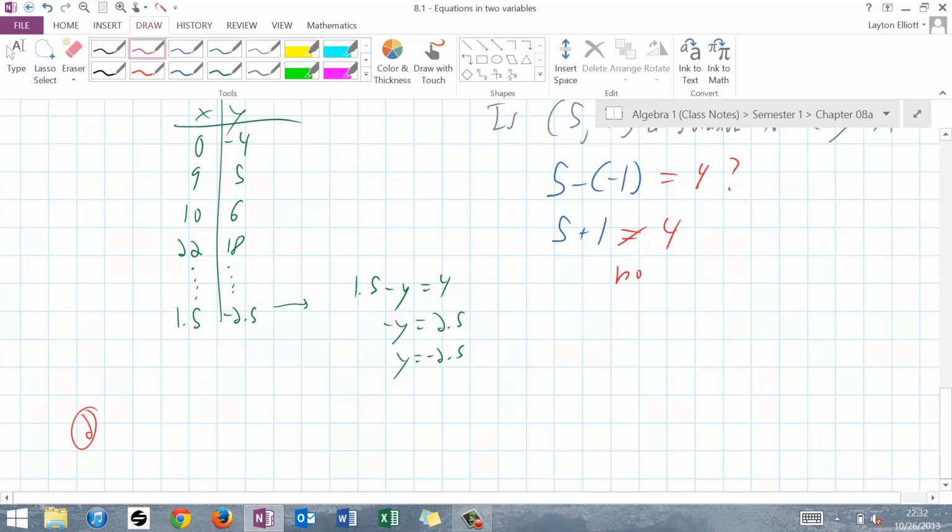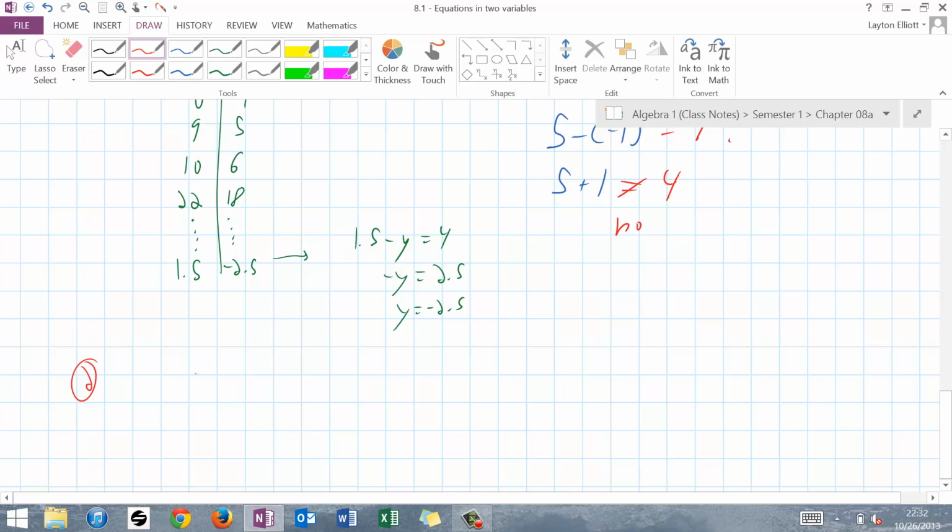The second example we're going to do is we're going to take an equation, 2x minus 4y equals 5, and I'm going to solve it for y.